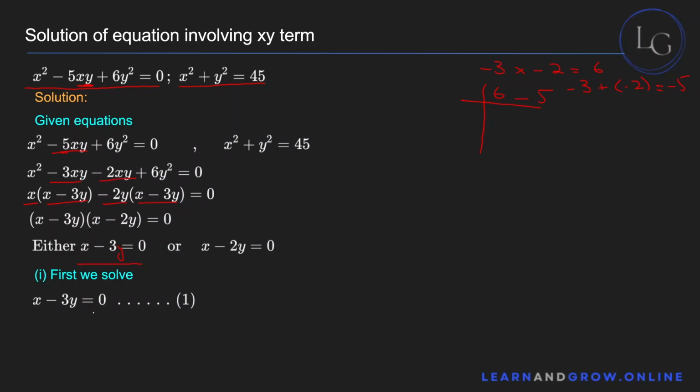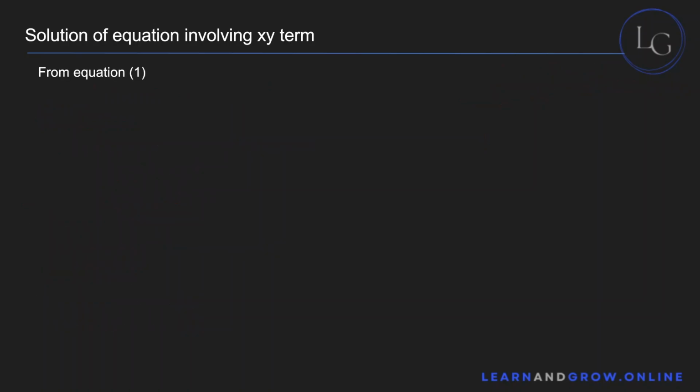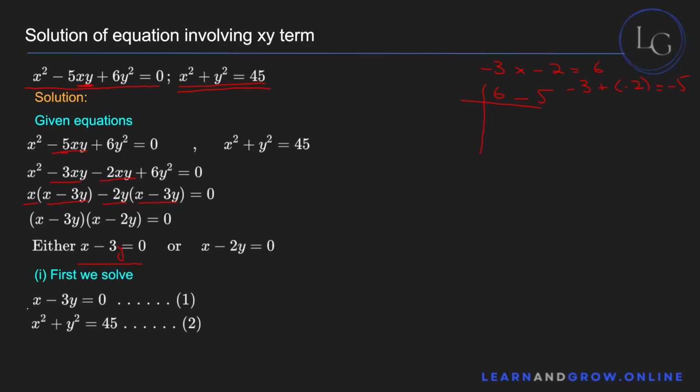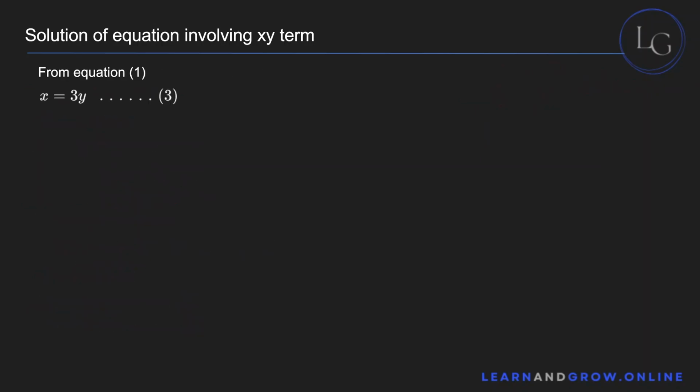So x minus 3y is equal to 0. Now we have this equation, x squared minus y squared is equal to 45, given in the question. Now from equation 1, which is x minus 3y is equal to 0, you can get x is equal to 3y by taking minus 3y to the other side.